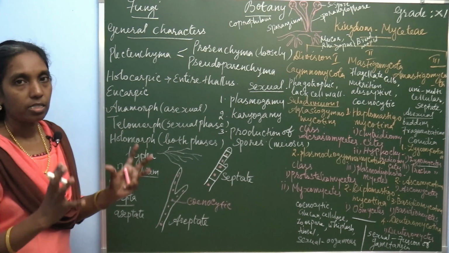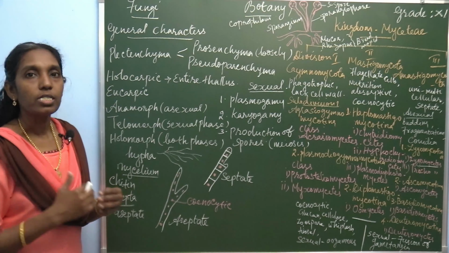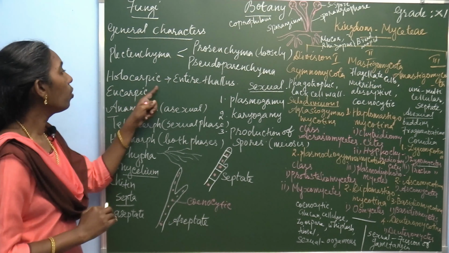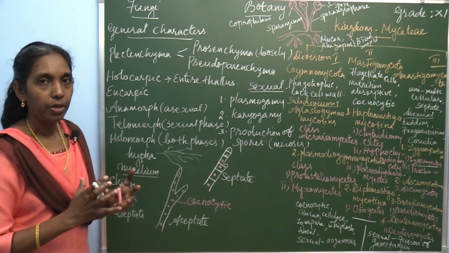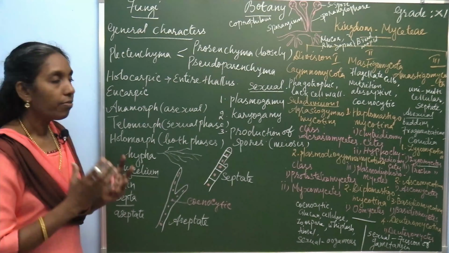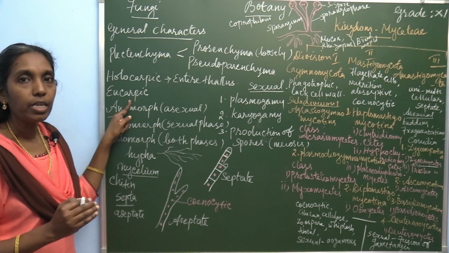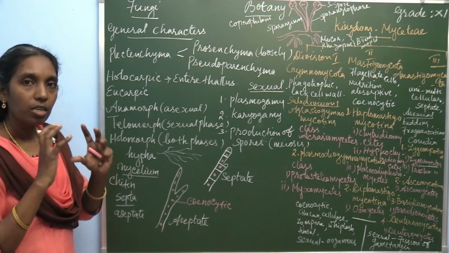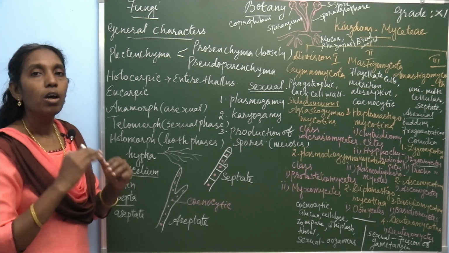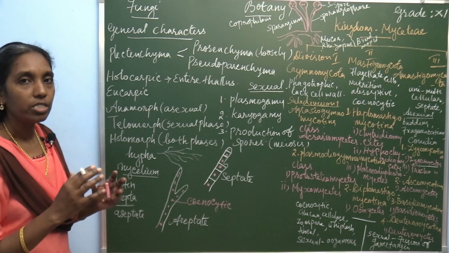Now, the fungal plant body is a thallus, and sometimes the entire thallus produces the fruiting body, which is called holocarpic. If it is eucarpic, only certain regions of the hypha or mycelium produce the fruiting body, while the remaining region forms vegetative structures.